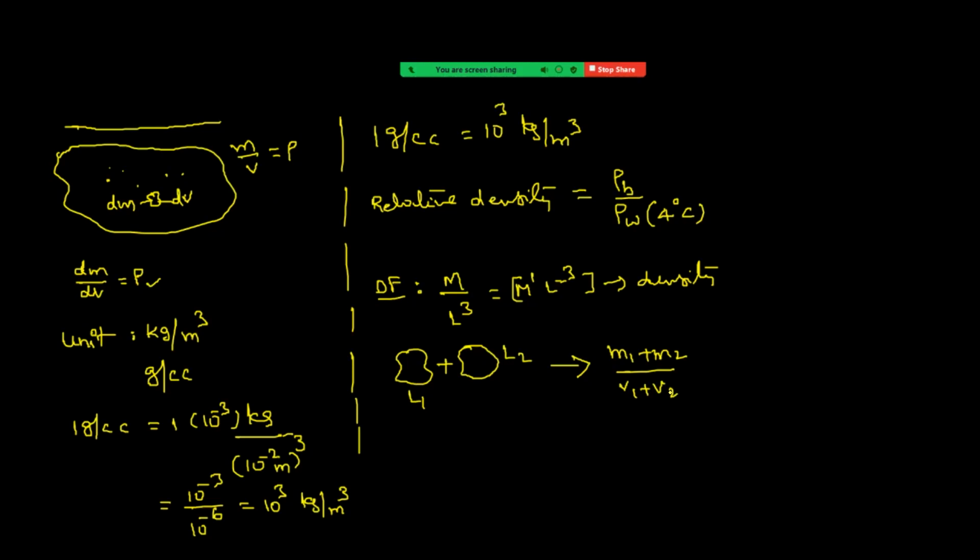So whenever you are given densities of two or three liquids, and they ask for the density when they are combined or mixed, we have to find the total mass and the total volume. Total mass upon total volume gives the density of the mixture.